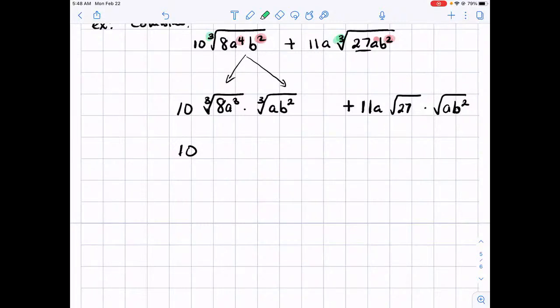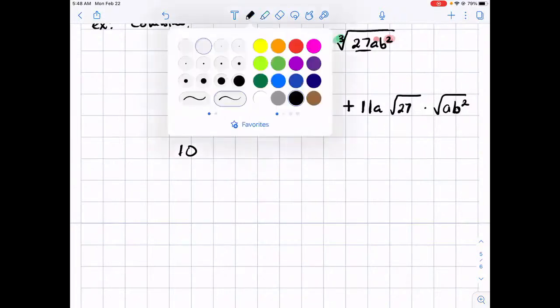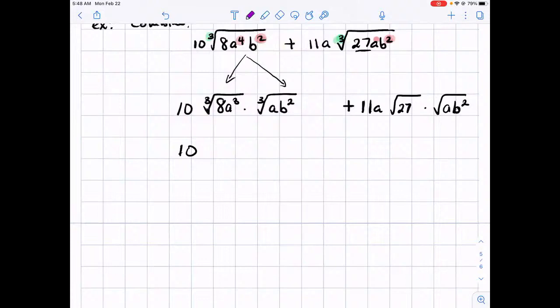So now we can simplify this. So as you see, you have to be careful. Pay attention to the index because you can make a mistake just as I did, okay? So the cube root of 8, this becomes 2, so times 2. And the cube root of a cube is a.